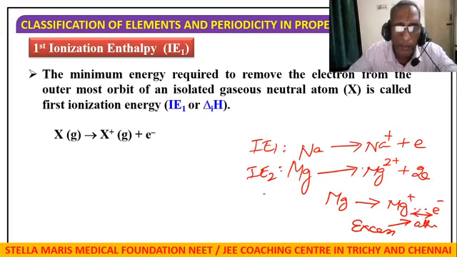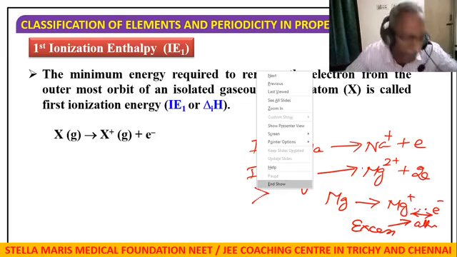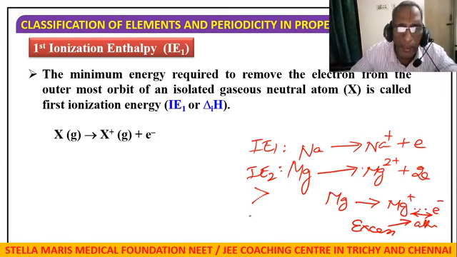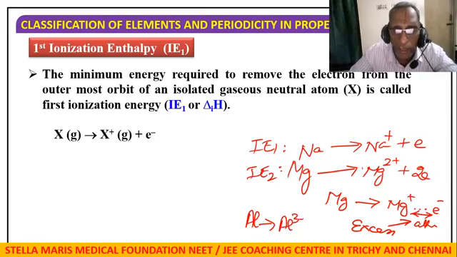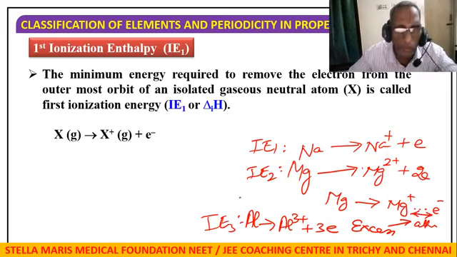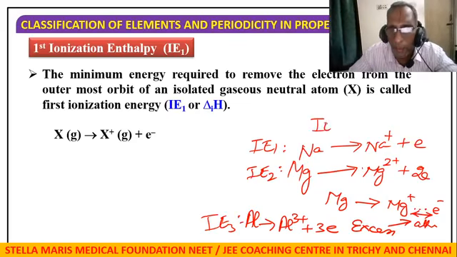That is why the second ionization potential is greater than the first ionization potential. Similarly with aluminium, it has to lose 3 electrons, so this is the third ionization potential. Generally the third ionization potential will have the maximum value, and the first the minimum value.